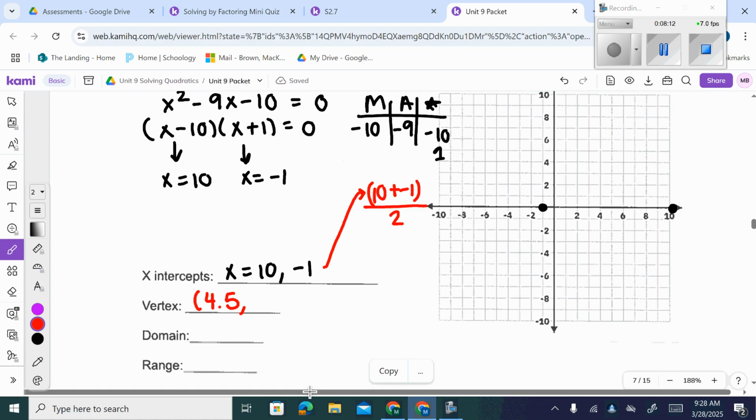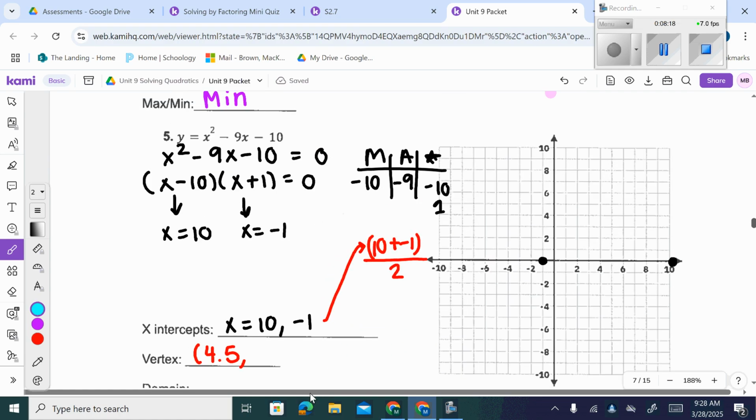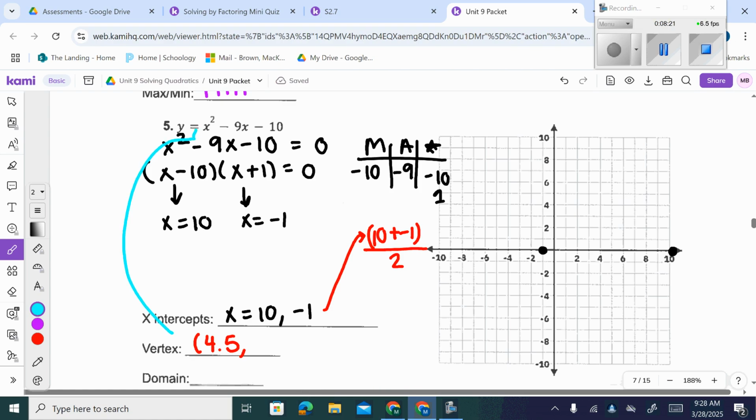So what am I going to do to find my y? Good. Everywhere there's an x, I'm going to put a what? A 4.5. Good. So we're going to put it into our calculator. 4.5 squared, minus 9 times parentheses 4.5, and then minus 10.